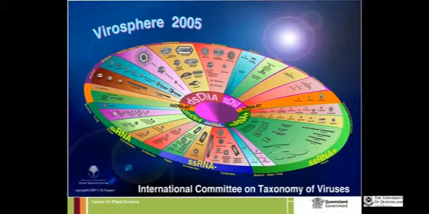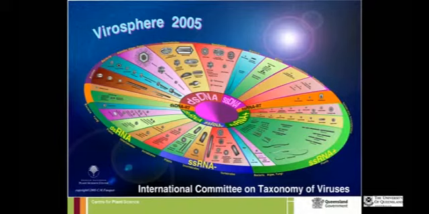And there's also the different colors that indicate what types of hosts these viruses infect. So green represents plants as hosts, red is vertebrates, brown is invertebrates, and in here we've got some fungal viruses.